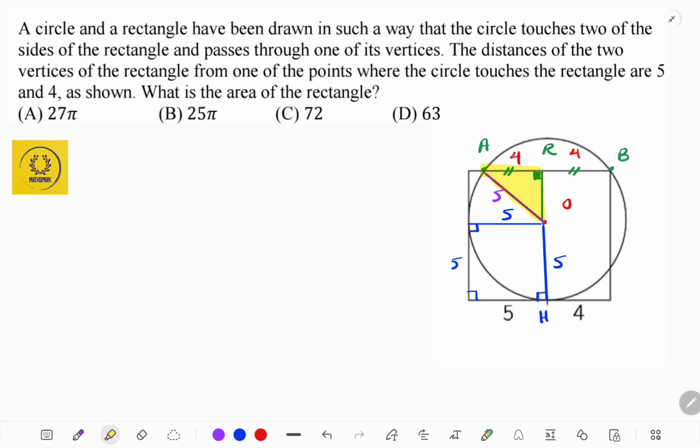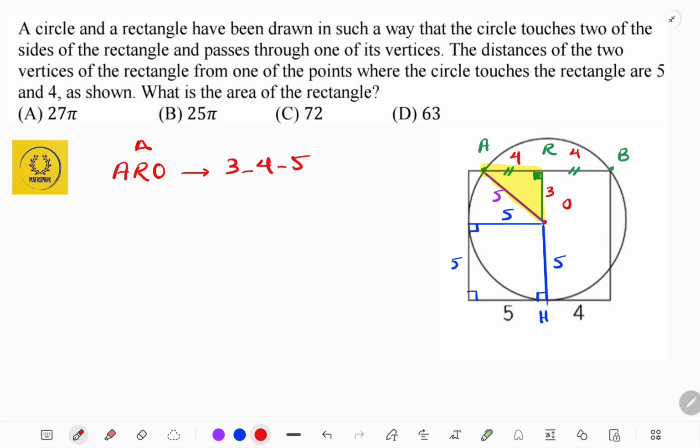So two sides are 4 and 5. 5 is the hypotenuse of this triangle. So we found that OR, this part, is gonna be 3, because ARO is a 3, 4, 5 right angled triangle.